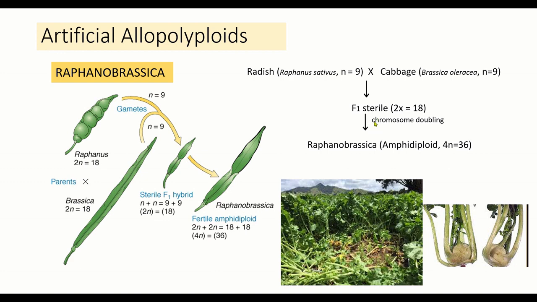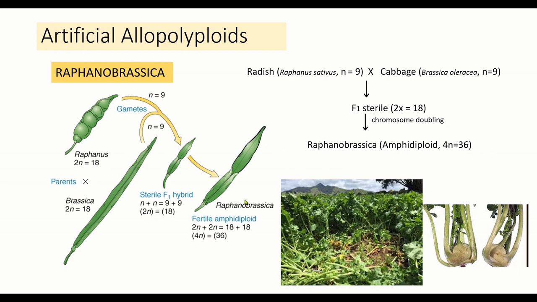When the chromosome number of the sterile F1 is doubled using colchicine treatment, it will produce Raphanobrassica, which is an amphidiploid. The sterile F1 hybrid becomes fertile when its chromosomes are doubled, producing the amphidiploid Raphanobrassica.